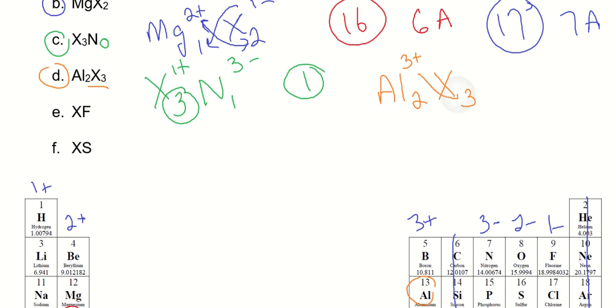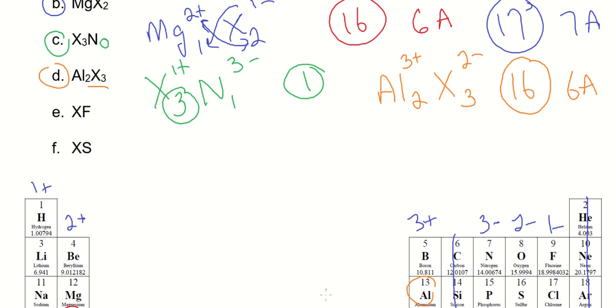You can see that matches the subscript on element X. So element X must be a 2 negative anion, because that's what the subscript next to aluminum tells us, that 2 to 3 ratio. You'll get that 2 to 3 ratio if element X forms a 2 negative anion. So it's right here. This is group 16, or if you have an older periodic table, 6A.